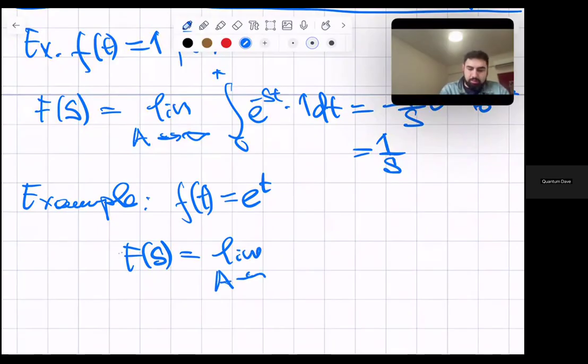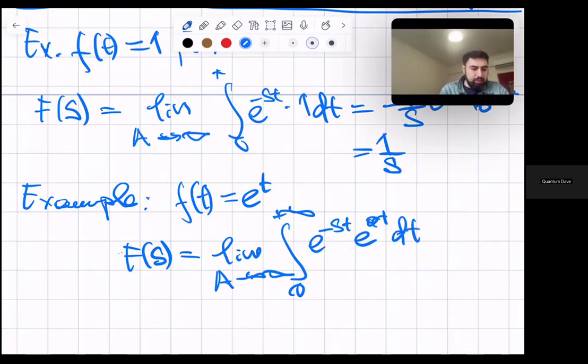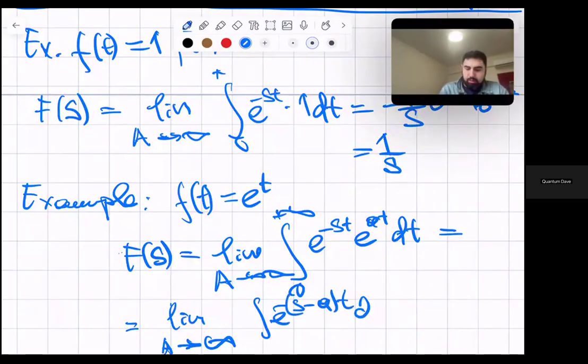So let's write it down: 0 to infinity, e to the minus st e to the at dt, and this can be just brought to the form of the previous integral, from 0 to infinity, exponent minus (s minus a) t dt, which is 1 divided by s minus a.